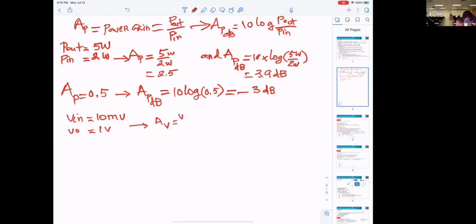That means V out over V in. And if you want to calculate the dB, AV in dB is 20 log of V out over V in. So first, what does AV equal?